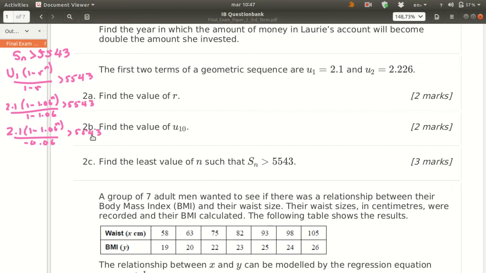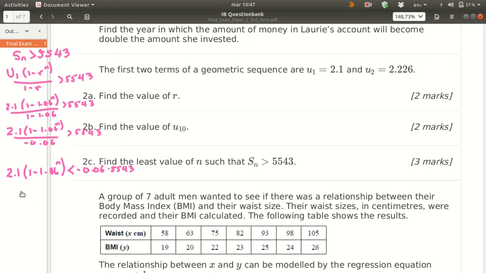But remember that in inequalities, you have to be careful when you multiply or divide by a negative number. Okay, so in this case, we're going to multiply by negative 0.06. So 2.1 times 1 minus 1.06 to the power of n is less than, we have to flip the inequality because I multiply by a negative number, negative 0.06 times 5,543.